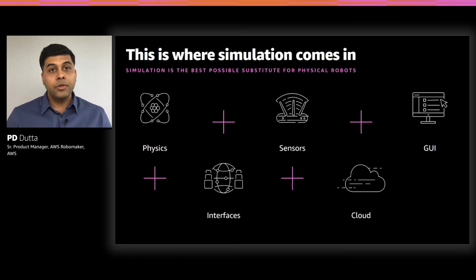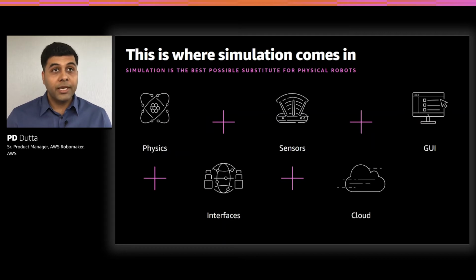Simulation is an attempt to model a real life or a hypothetical situation on a computer and see how the system behaves. So you have the 3D world or the 3D scene with physics built in. You have the virtual robot described in it with its sensors. You have GUI tools to visualize what's going on in simulation. And then you have interfaces to interact with the robot or virtually investigate the behavior of the robot.